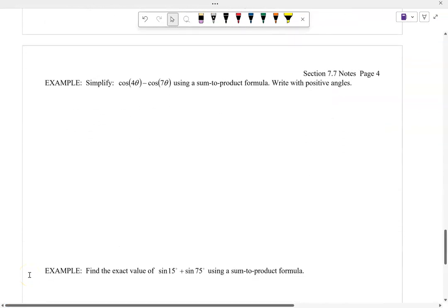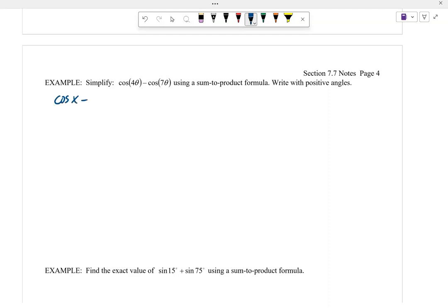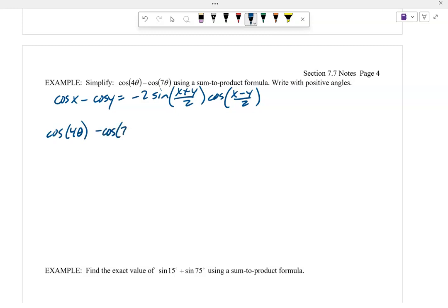All right, on this next one, notice we have the cosine of 4 theta before the 7 theta, but we got a minus, and so we want to use this cosine x minus cosine y formula. That's our go-to. But what we have here is cosine 4 theta minus cosine 7 theta.